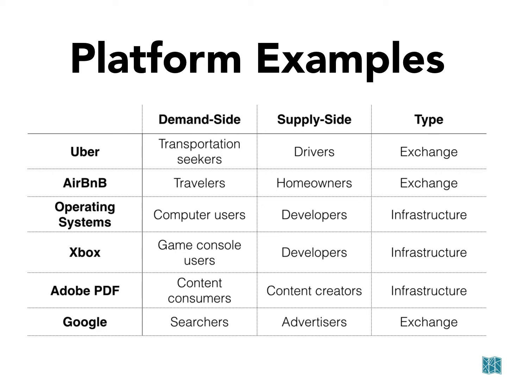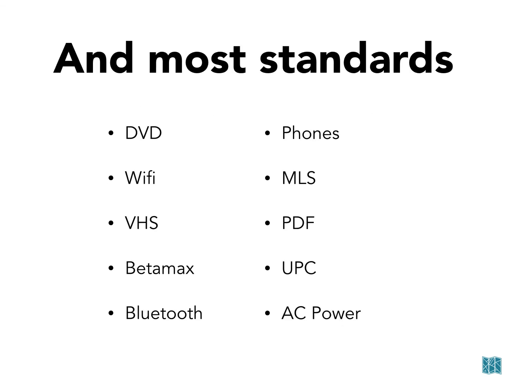And Google's another interesting one, where they have people who are looking for things, so searchers on one side, and a supply of people who are selling things on the other side. And lastly, credit cards are something we see every day, but oftentimes don't think of as a platform, where they're really connecting people who need to buy things with people who are selling things and making it easier.